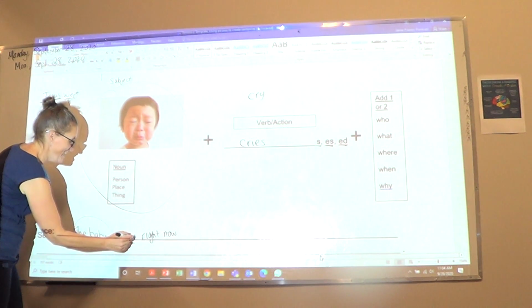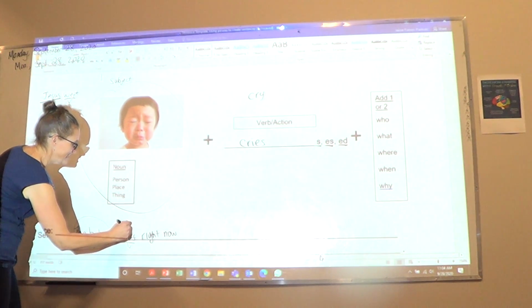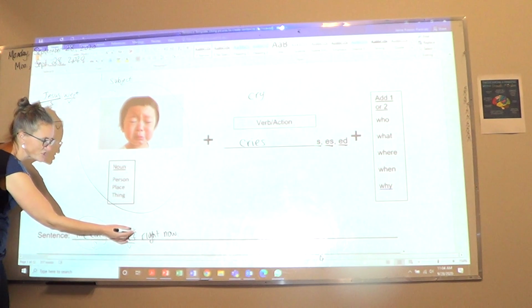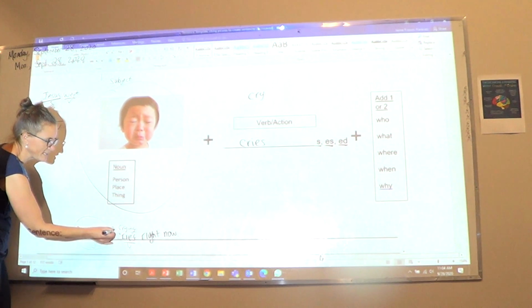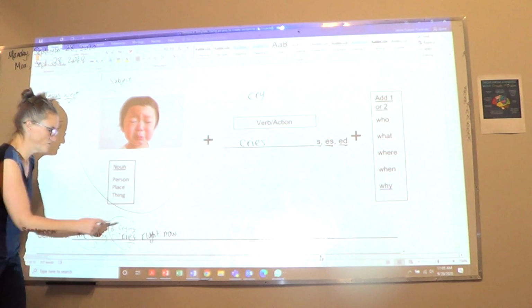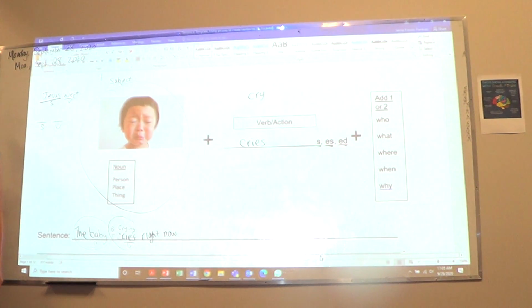And that's when it would be crying. But INGs always need the helping or the linking or the be verb. The baby is crying right now. We couldn't just say the baby crying right now, right? So as soon as we get into the INGs, that's when we need that helping, that to be verb. So together is crying is your verb. So the baby is crying right now.